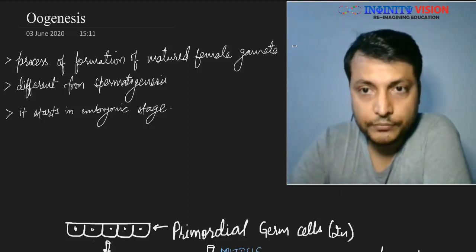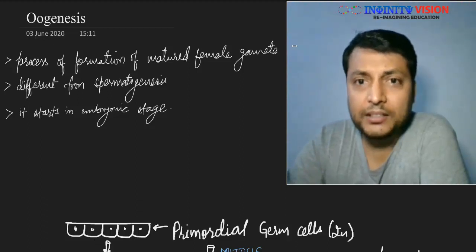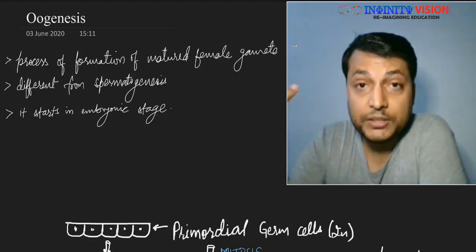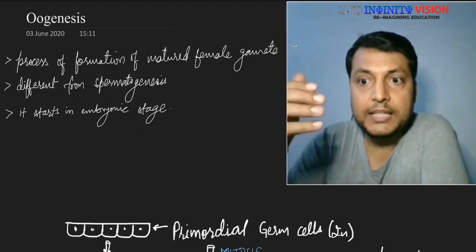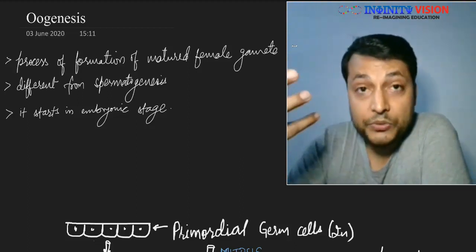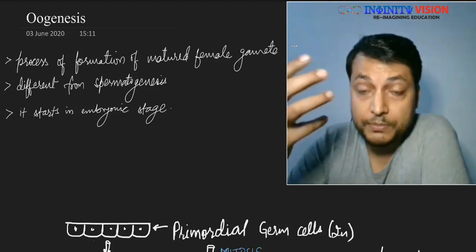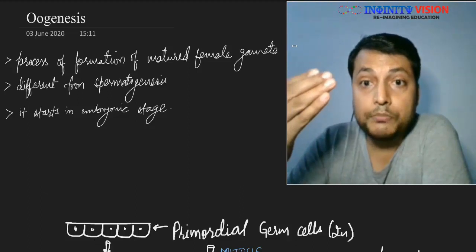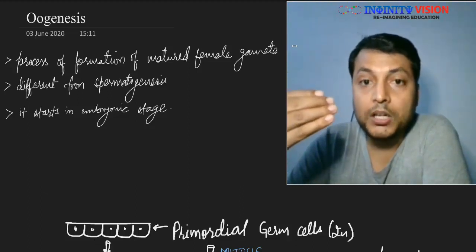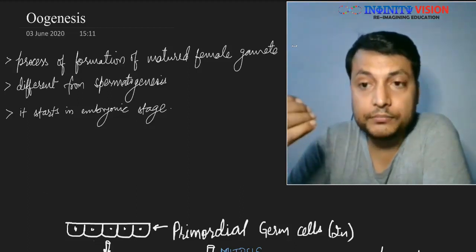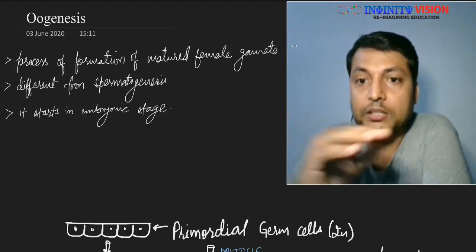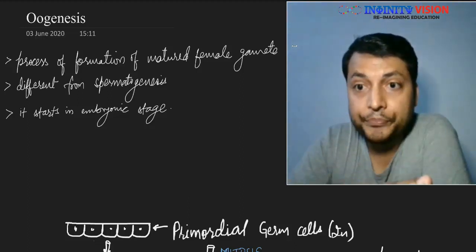Apart from that there are other differences as well. In the process of spermatogenesis, both meiosis 1 and 2 occur back to back. There is no arrest, no delay.